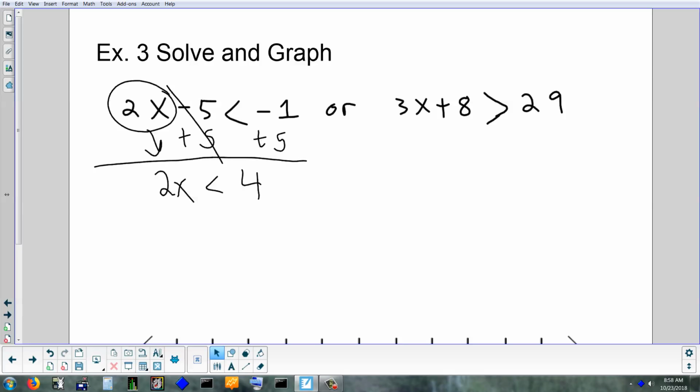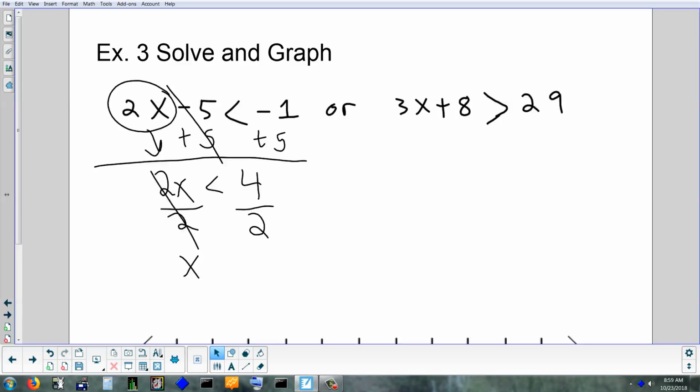Now this one, I just have one more step. Dylan, what's the last step in this one? Divide by 2. The whole reason I did it was to get x by itself. It just cancels out.